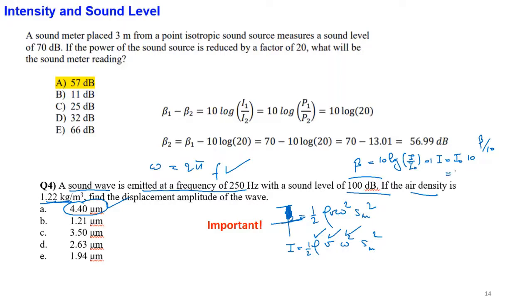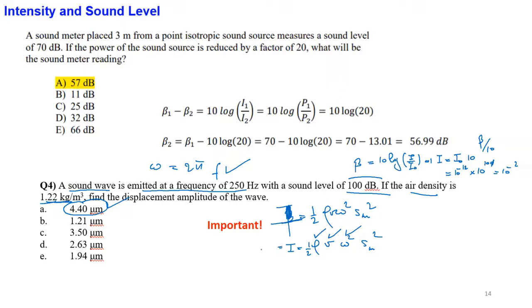So here my I will be 10 to the power minus 12 watt per meter square, times 10 to the power beta, which is 100, divided by 10. So basically my I is just 10 to the power minus 2. So I know everything.